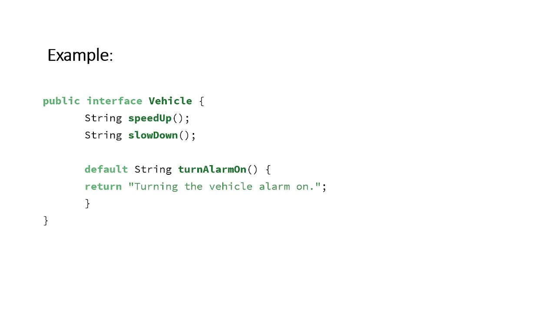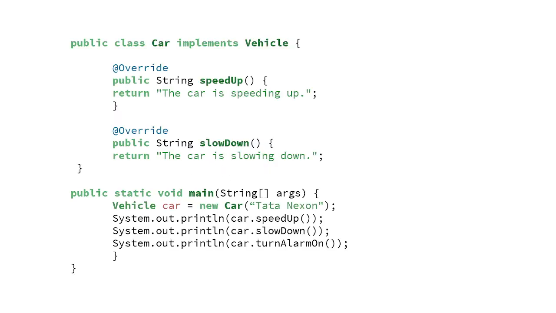So that backward compatibility issue we were facing is resolved. Instead of adding an abstract method, we add a default method, so that we need not disturb the implementer classes. That is one reason.